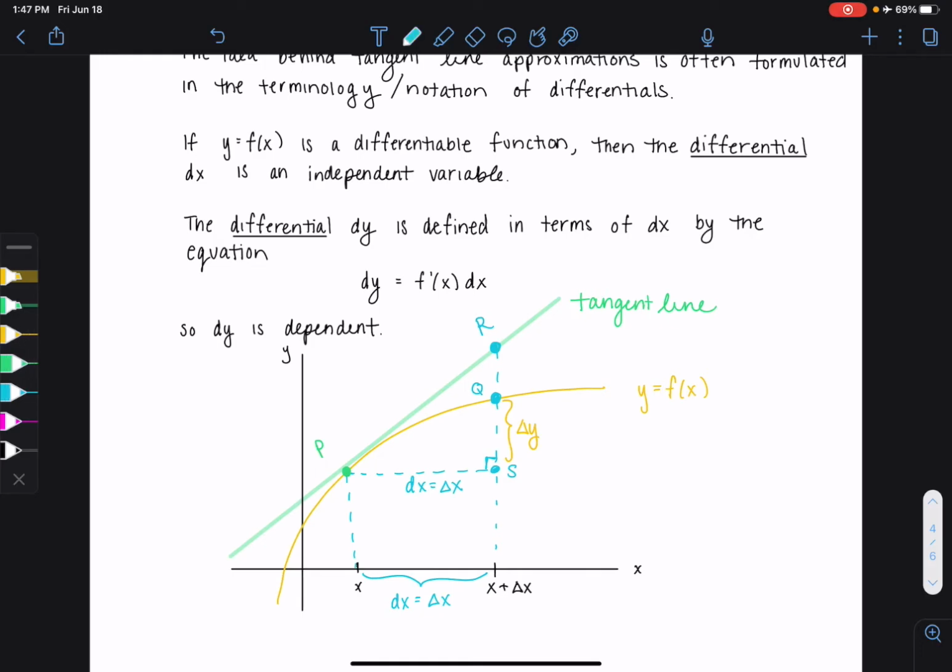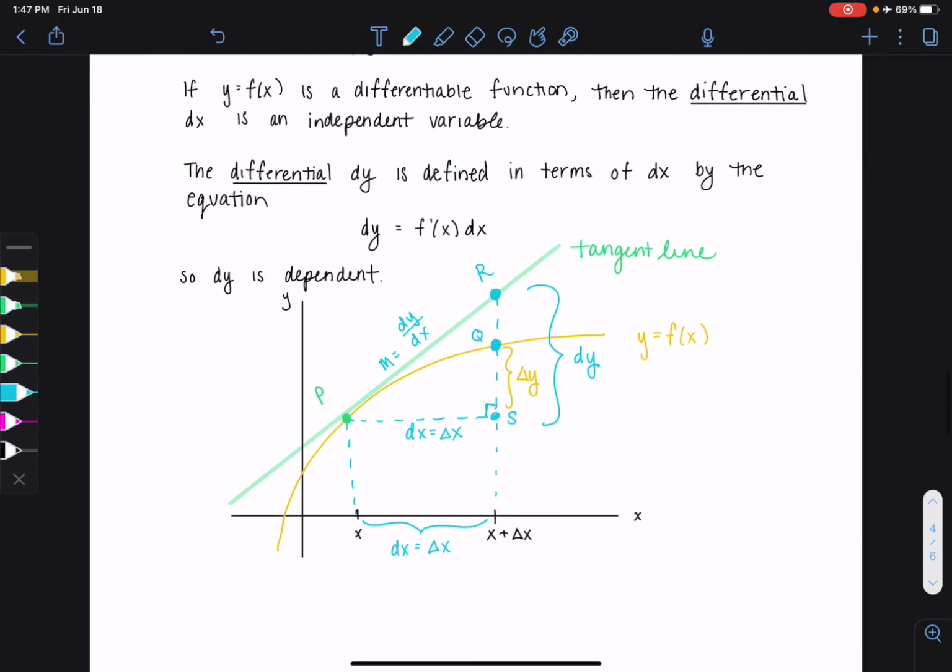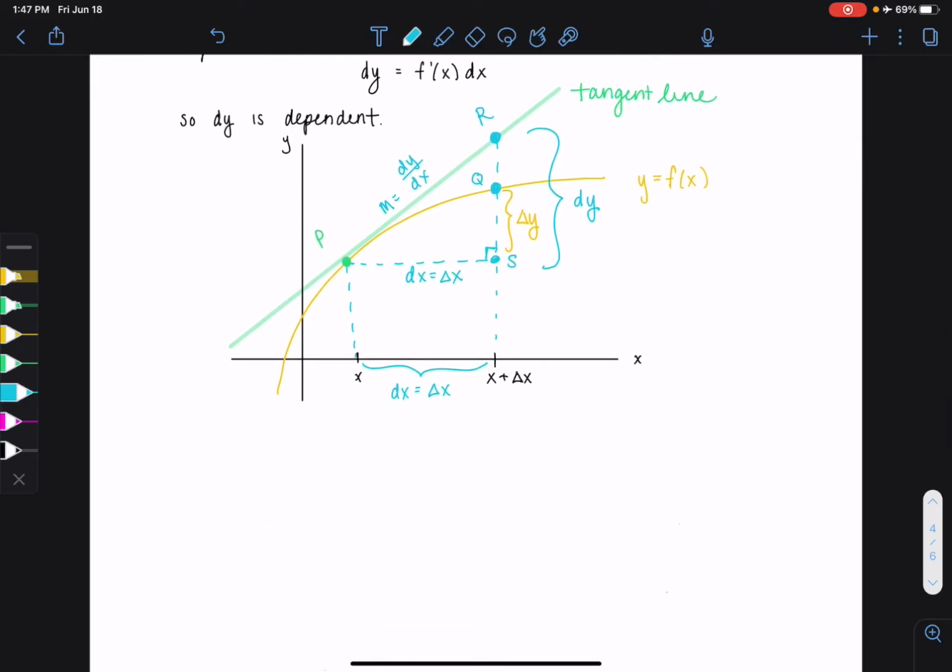This differential dy is going to be the change in y values for the tangent line. So ultimately, the slope of this tangent line is the differential dy divided by dx. That is all that's representing.